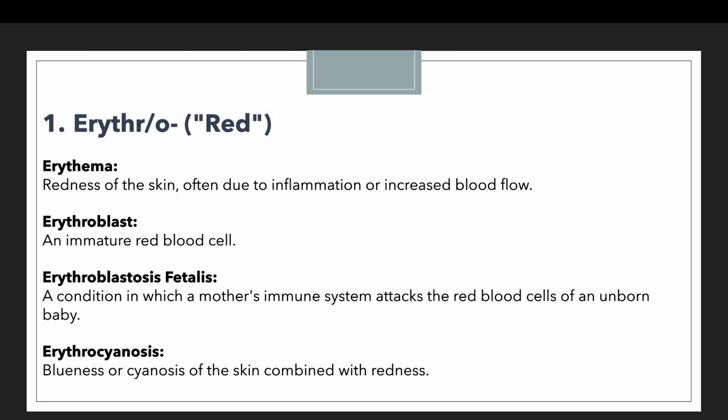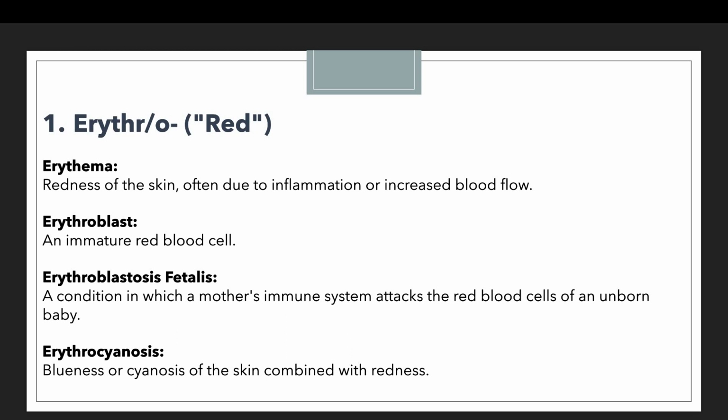Likewise, you can look at the third example, which is erythroblastosis fetalis. Now, what is this? It is a condition in which the mother's immune system attacks the red blood cells of an unborn baby.